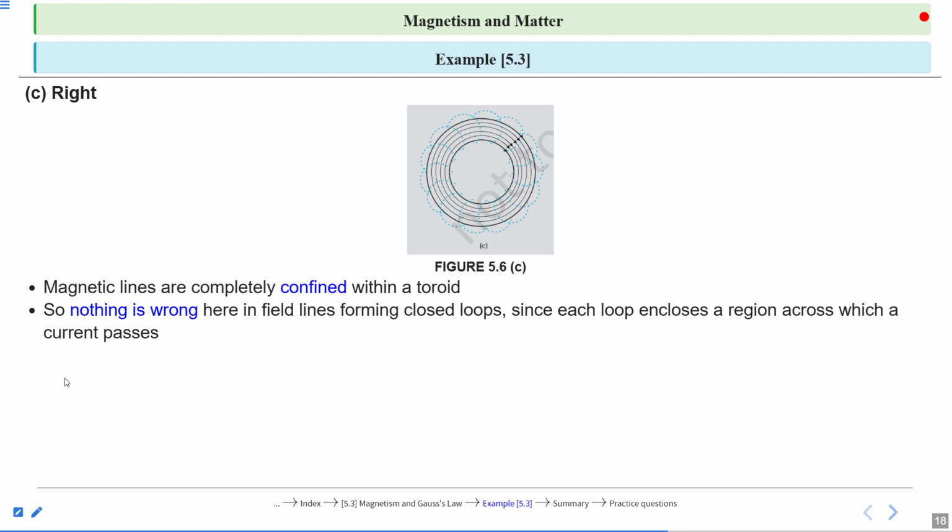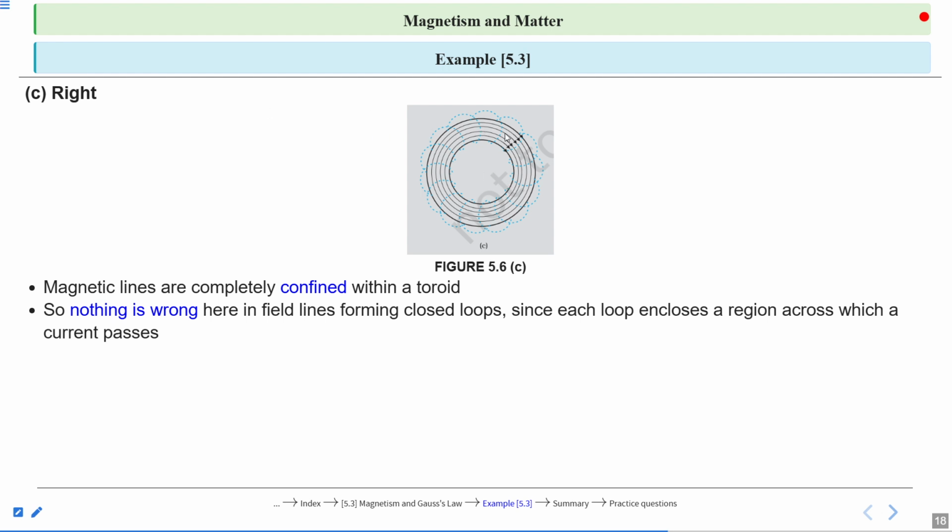Now we discussed in one question in our previous, or yesterday's, lecture: is it possible that any pole does not exist? We know that monopoles do not exist, but is it possible that both of the poles do not exist? The answer was for a toroid and for a straight infinite conductor.